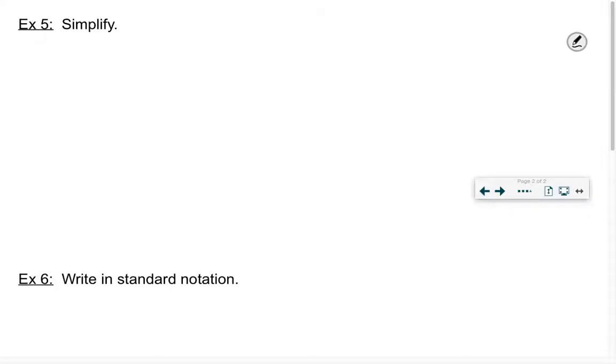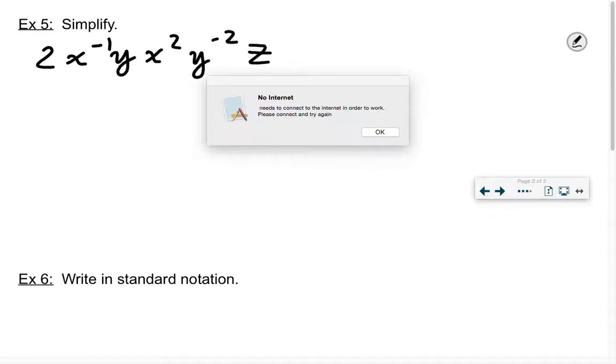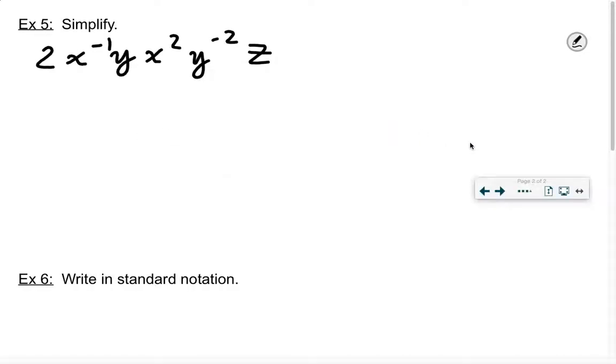Let's take a look at this one. We want to simplify 2x to the -1, y, x squared, y to the -2 times z. We are taking that next step in terms of level of difficulty.